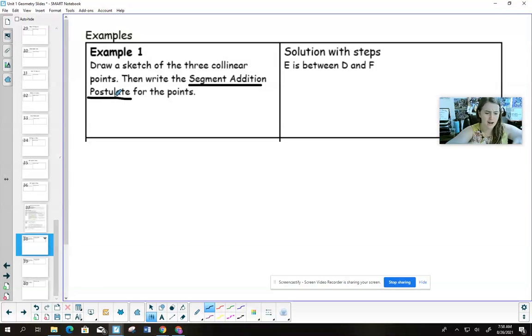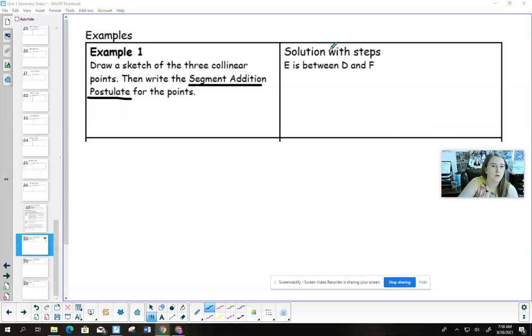That should make sense, right? If I break a ruler and then tape it back together, it should still be the same length. I have these two segments of my ruler, I tape them back together, and it's still 12 inches, as long as I haven't broken off pieces. So that's literally what the segment addition postulate is: a little segment plus another segment equals the whole segment.